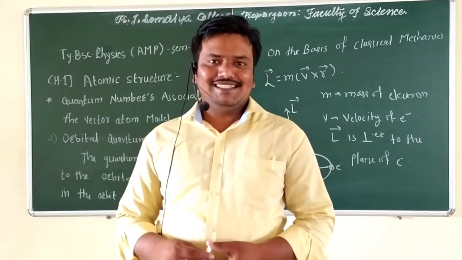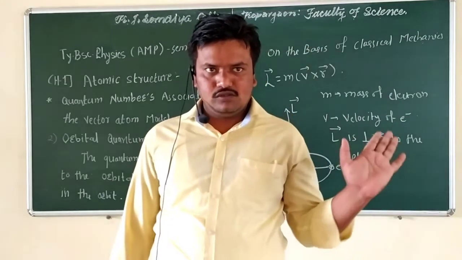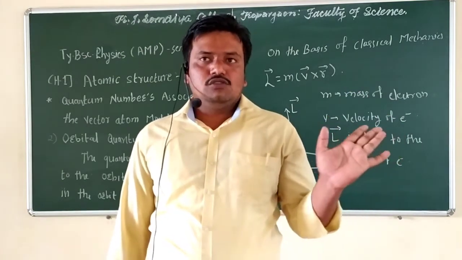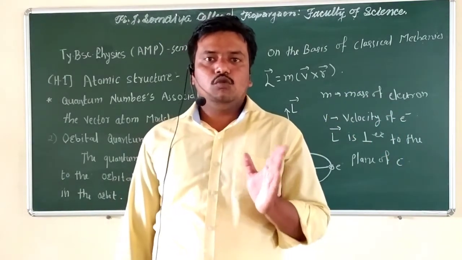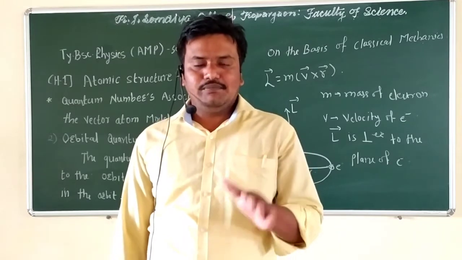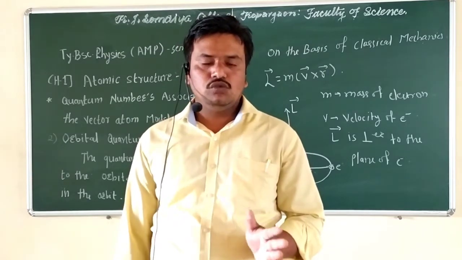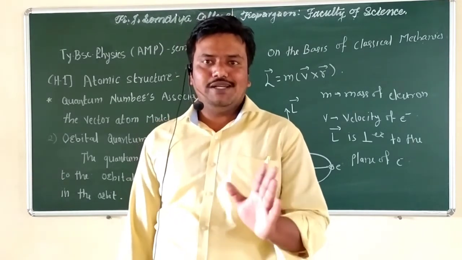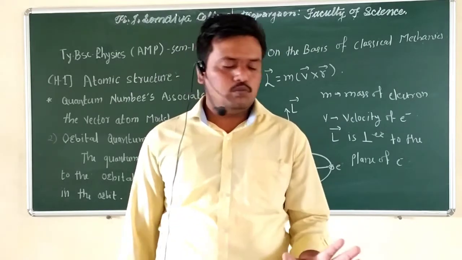According to the Bohr quantum theory, that is the Bohr second postulate of the orbital momentum, as you saw in the last lecture, the angular momentum is equal to an integral multiple of h upon 2 pi.